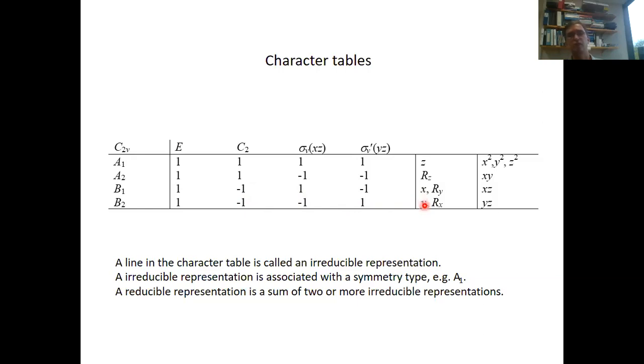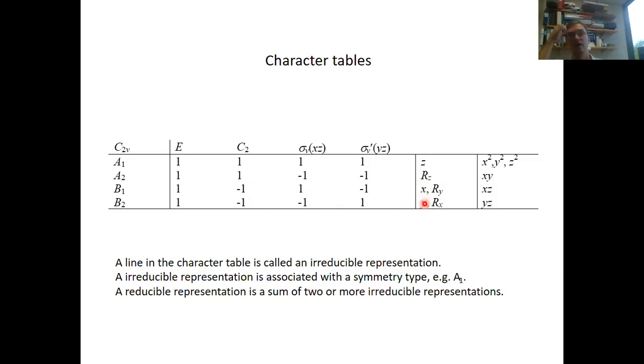However, if we apply C2 or sigma v, then the algebraic sign of the coordinate y changes. So the character table is actually more general. It tells you in general what the symmetry operations do with a mathematical function. What applies to a coordinate also applies to a mathematical function which is a linear function of the coordinates z, x, and y.